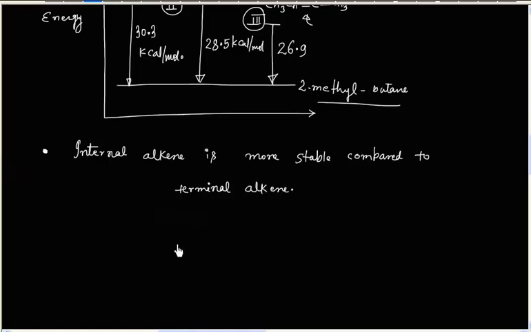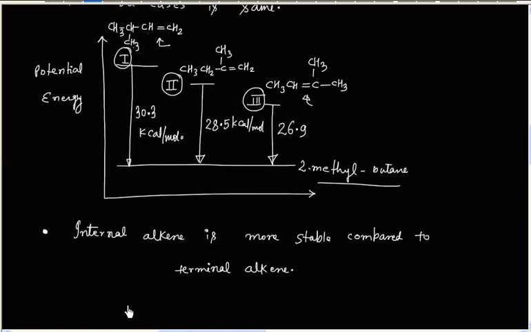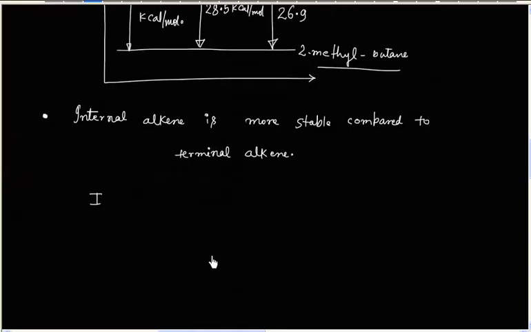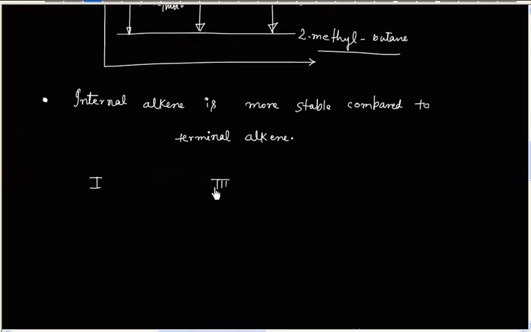Now relative stability will be: 1 is the least stable and 3 is the most stable. So in this direction relative stability increases.